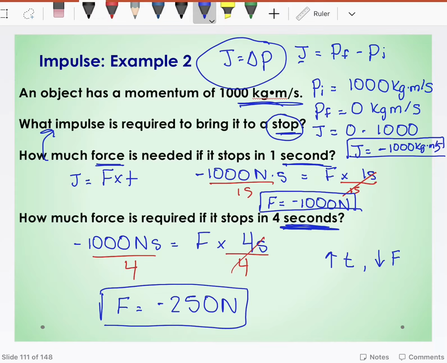But what you can change is how much force is going to occur. By increasing the time over which the force is applied, the force can be decreased. So you're going to have to read your notes on this, but let me just explain how this would apply to car safety.